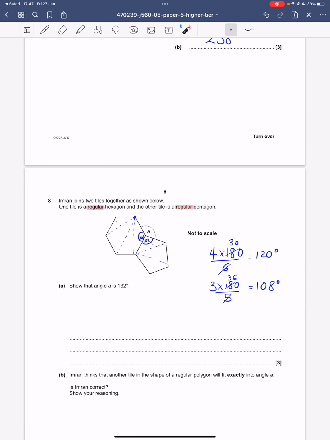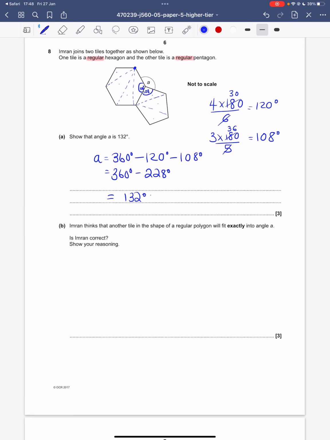Okay, so show that angle A is 132. So A is going to be 360 degrees take away 120 degrees, take away 108 degrees. So it's 360 degrees take away 228 degrees, which does equal 132 degrees.